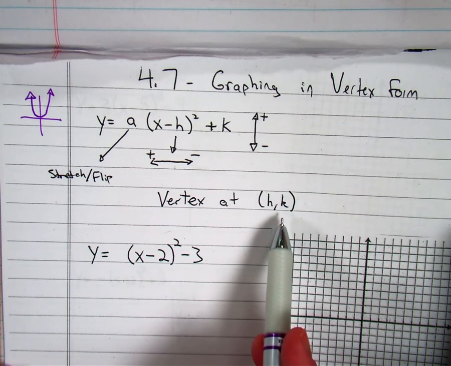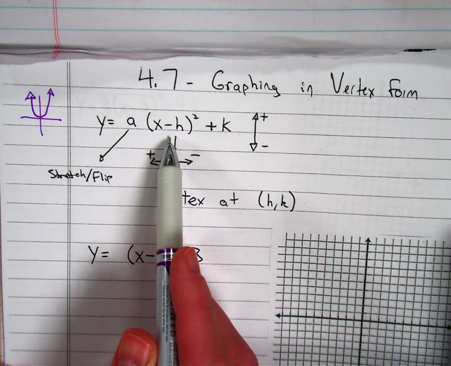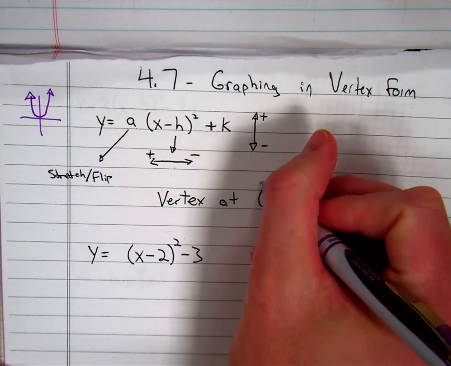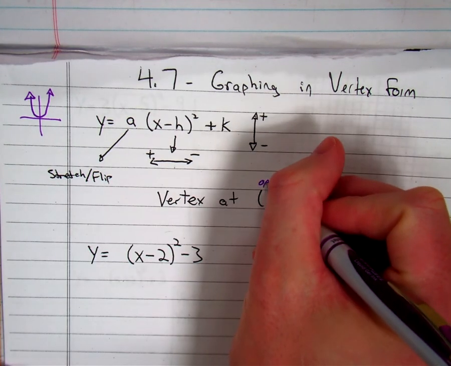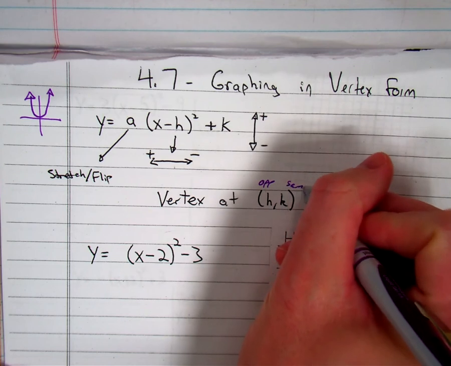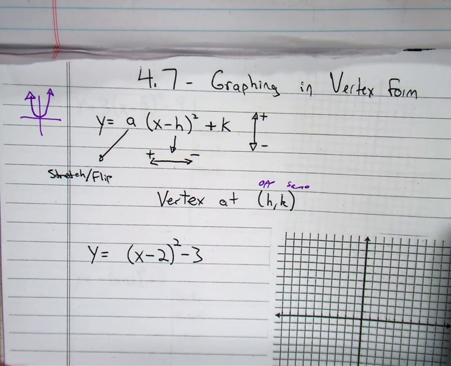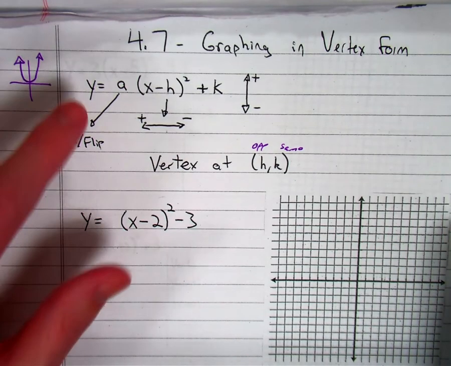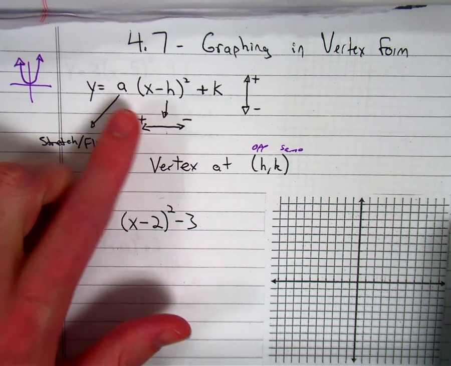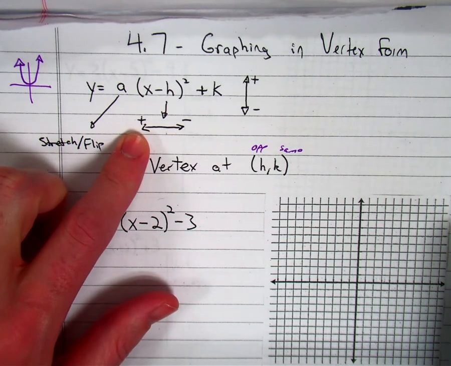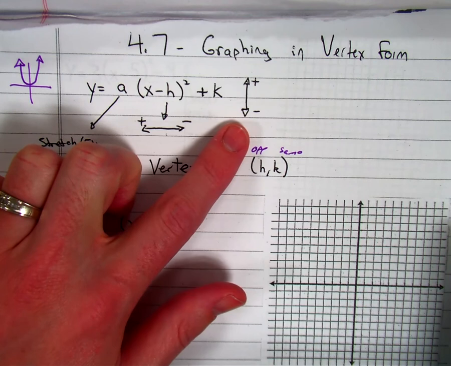Your vertex is at h comma k. The minus sign is built in. Maybe you want to think of this as opposite of h, same as k. All right, a times (x minus h) squared plus k. Opposites for the inside, same on the outside.